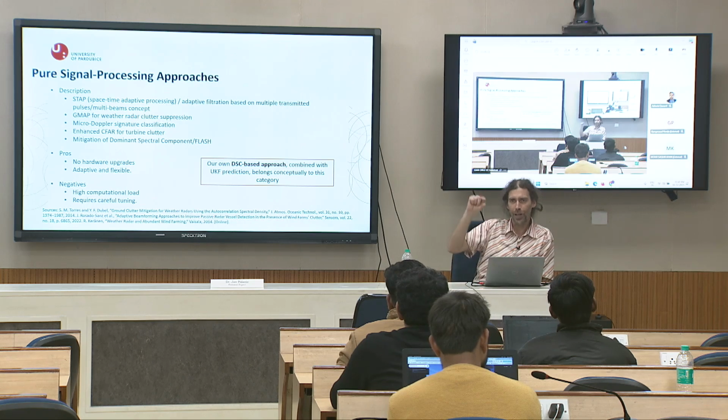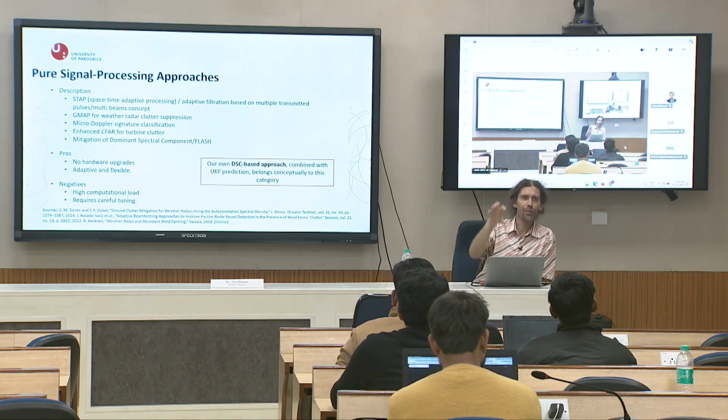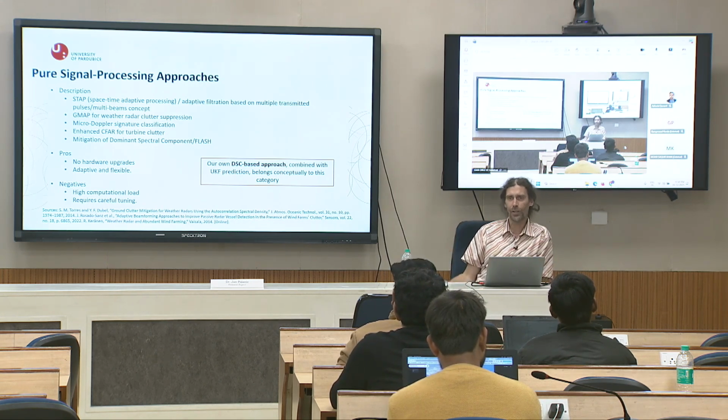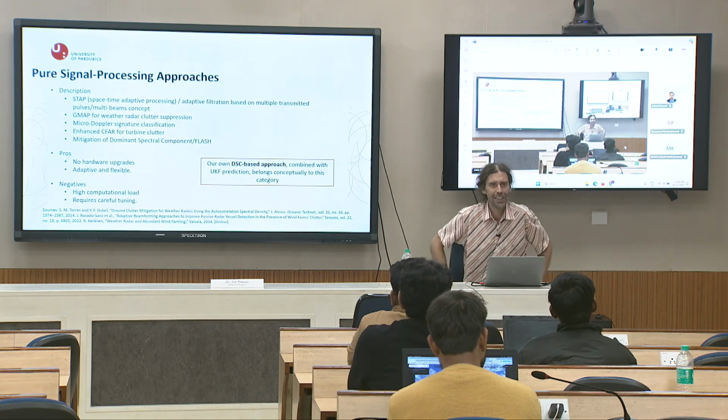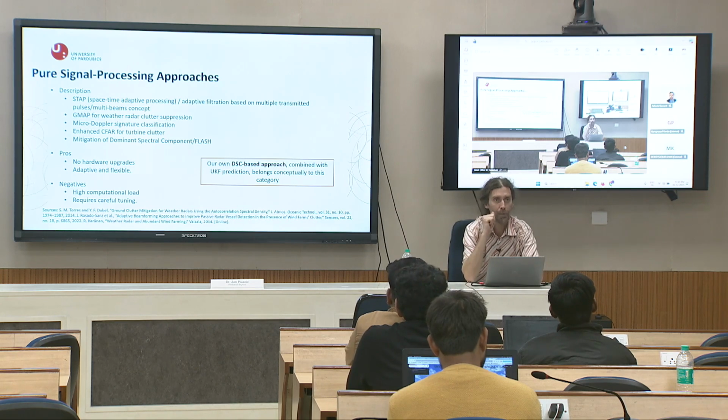Usually it is based on microdoppler signature, because each UAV has a specific signature. It is like our fingerprint. Exactly, a fingerprint for this UAV.